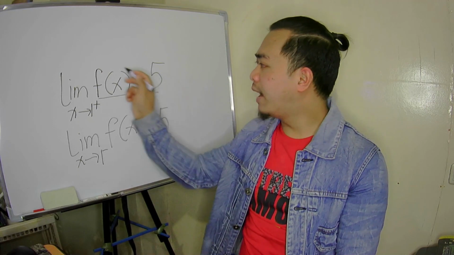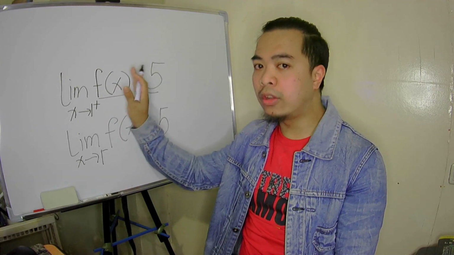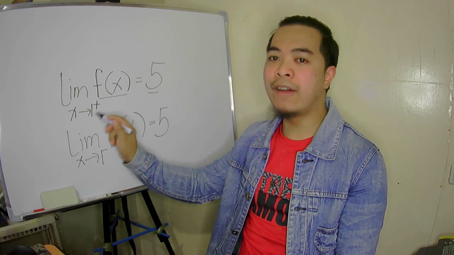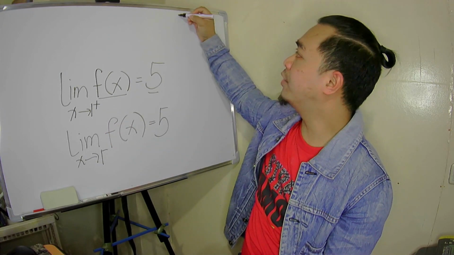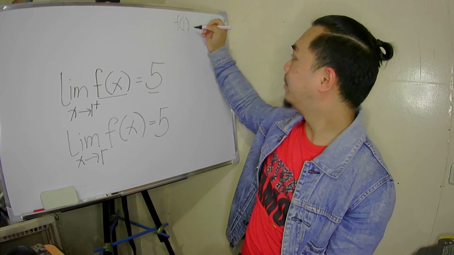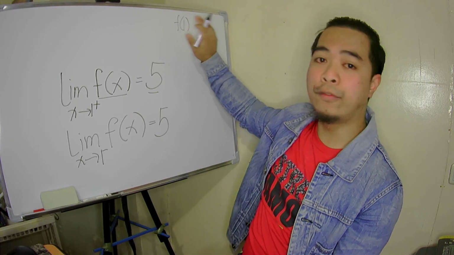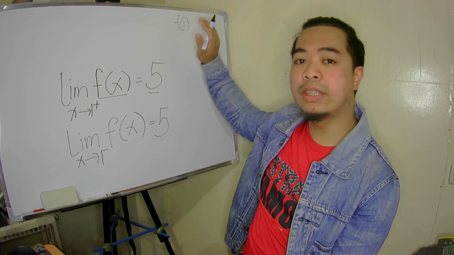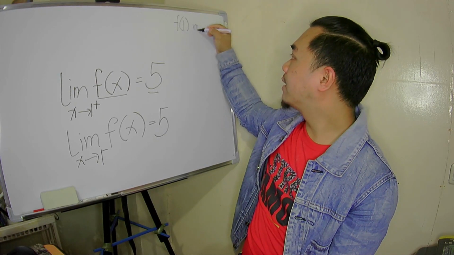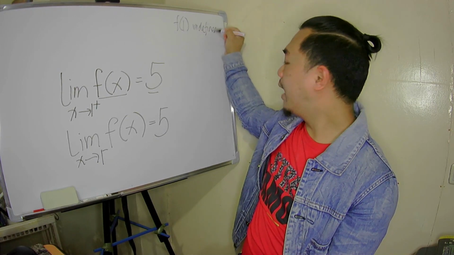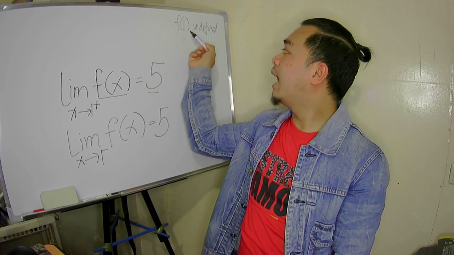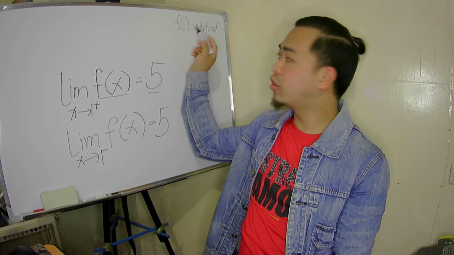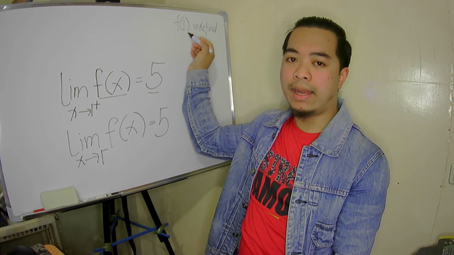Mind you, the function f of x, wala siyang value at 1, di ba? Sinabi na natin kanina na the value of the function at x equal to 1 is undefined. However, again, when we are speaking about limits, we do not care about the value of the function at exactly 1.